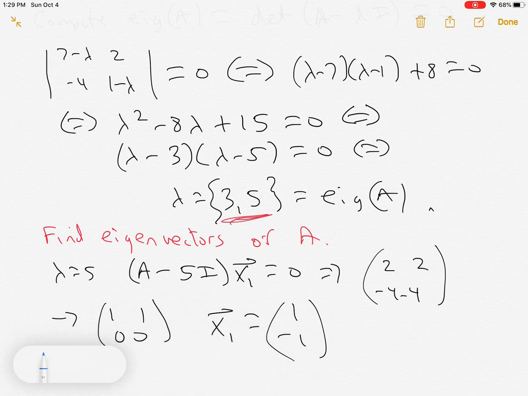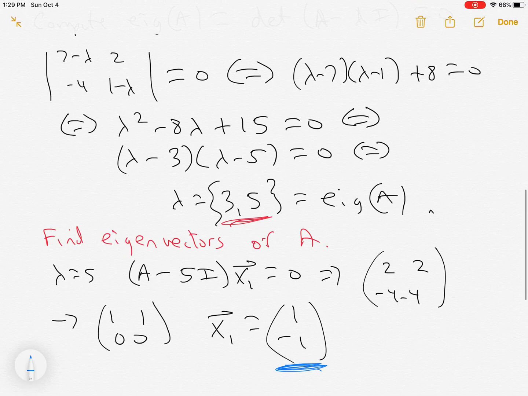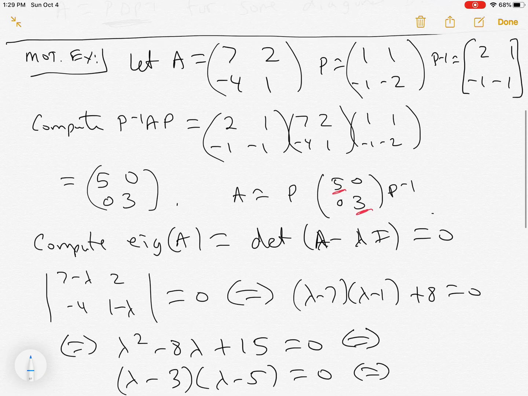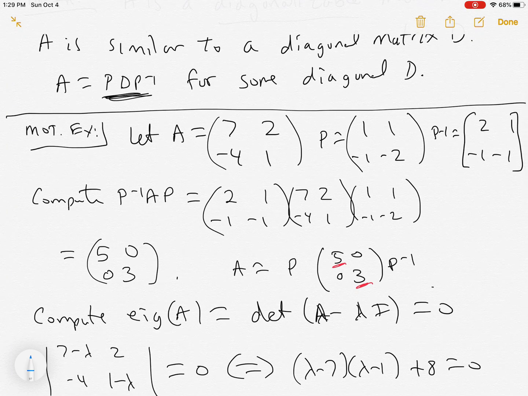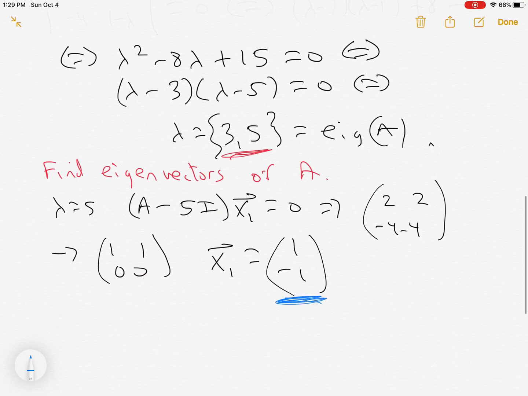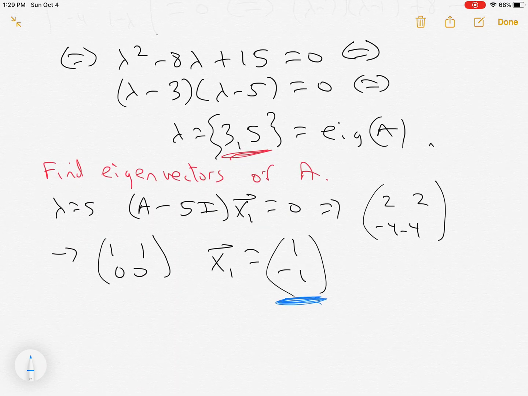Okay, let's go to some blue here. So look at that vector. And then let's look at P. Oh, the first column of P is 1, minus 1. And our eigenvector is 1, minus 1.